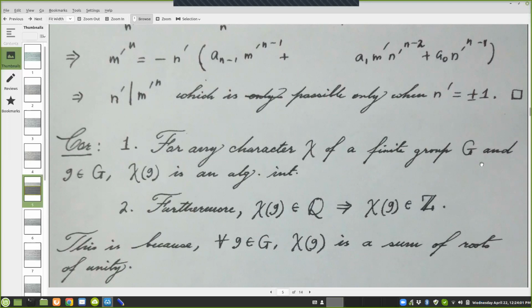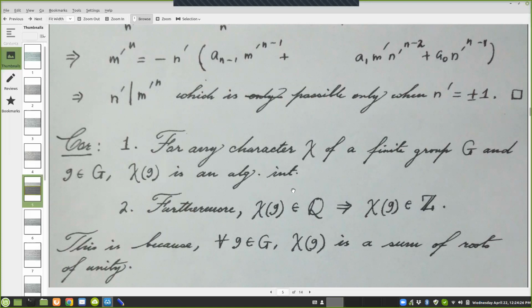The first corollary says that suppose G is a finite group and chi is a character of G, then for any G, the value of the character at the point G is an algebraic integer.